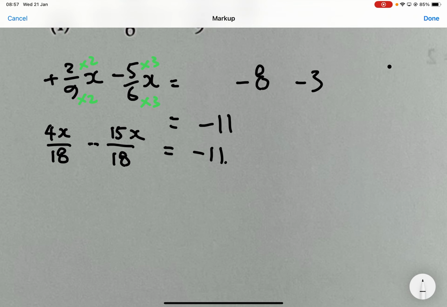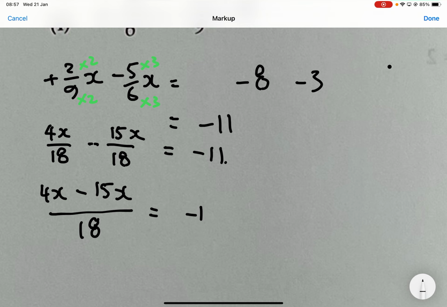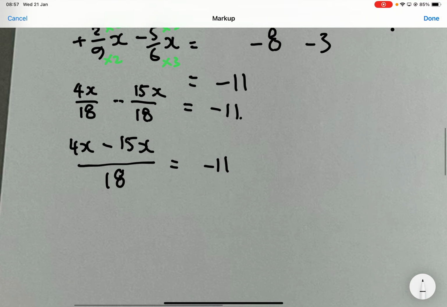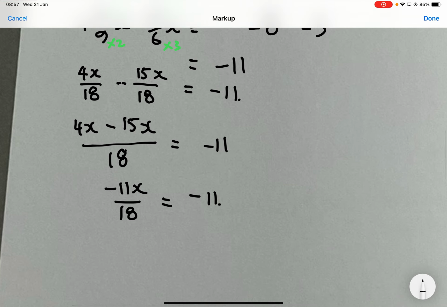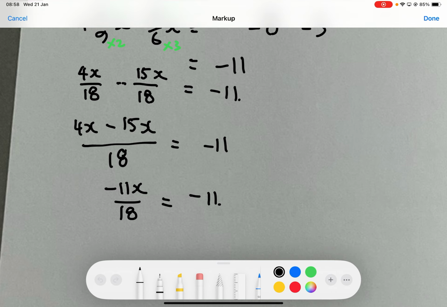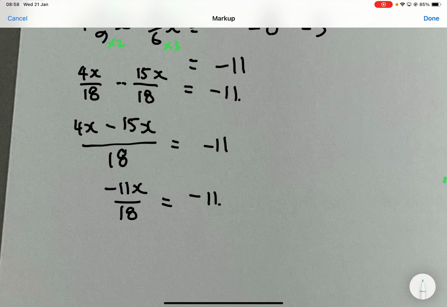Same denominator, numerator minus numerator. Okay, this one need to go back to what I said before. 2x over 3 is the same as 2 over 3 times x.